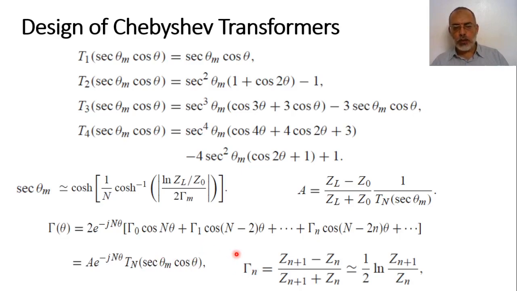Once we obtain gamma 1, we obtain gamma 2, and so on. So we obtain Z1, Z2, Z3, and so on. This is how to design the Chebyshev matching transformer. Alright? Okay. In the following video, we are going to present an example for such a design.